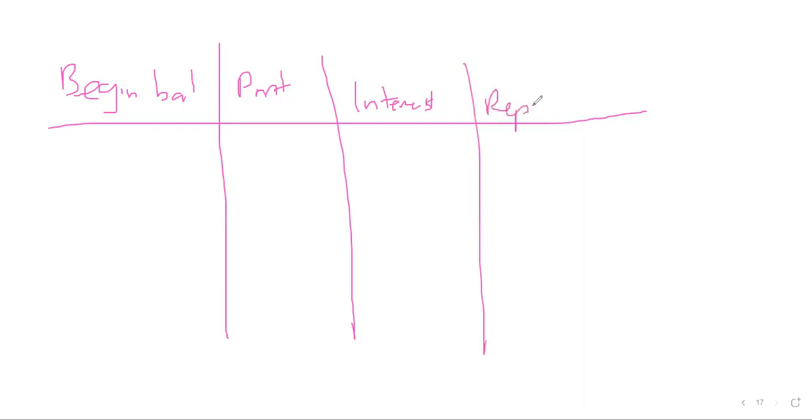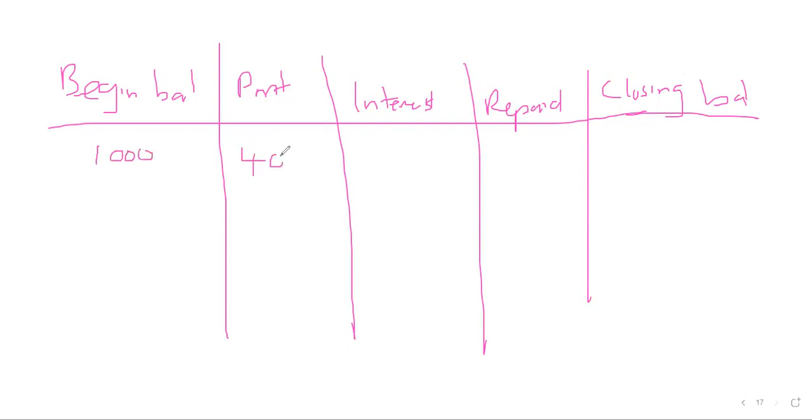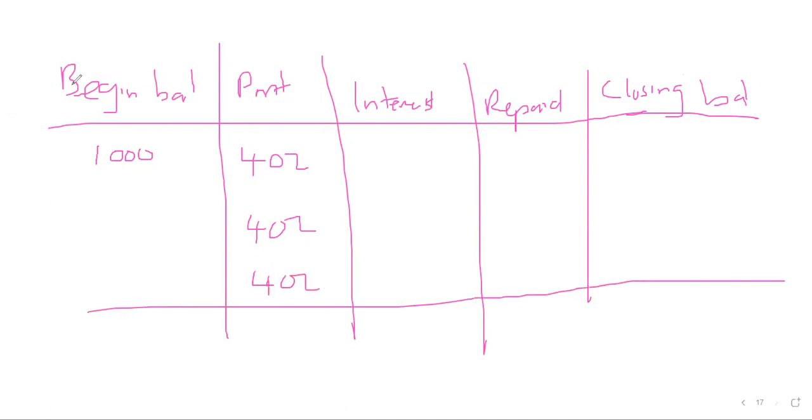How much has been repaid? And number five, closing balance. So Moise had a balance of 1,000 and we've already calculated the periodic payment to be 402 throughout. So we can call this column 1, column 2, column 3, column 4, and column 5.